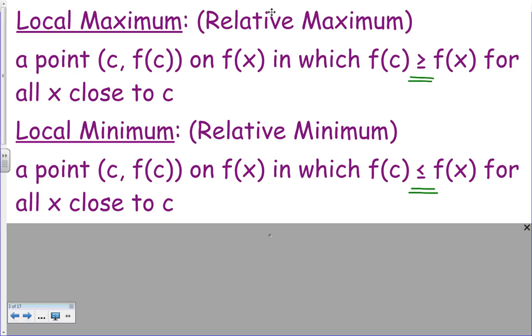And again, basically what we're doing when we say for all x close to c, we're narrowing down or restricting the domain of that function temporarily and saying, let's just focus on this one small region here, and have we found a lowest point in this region, a local minimum.